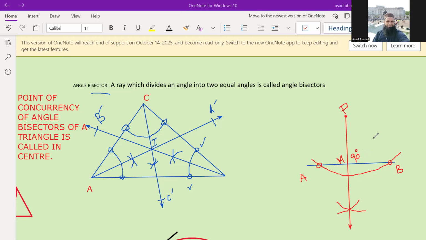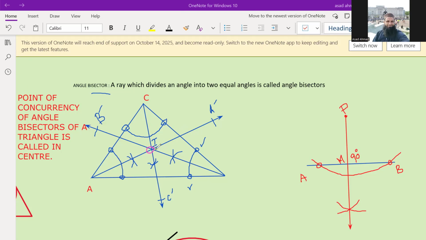Now we will apply this concept to the triangle which is already formed on the left hand side, triangle ABC. We have to draw one perpendicular from this point I, the incenter, to either side of the triangle.